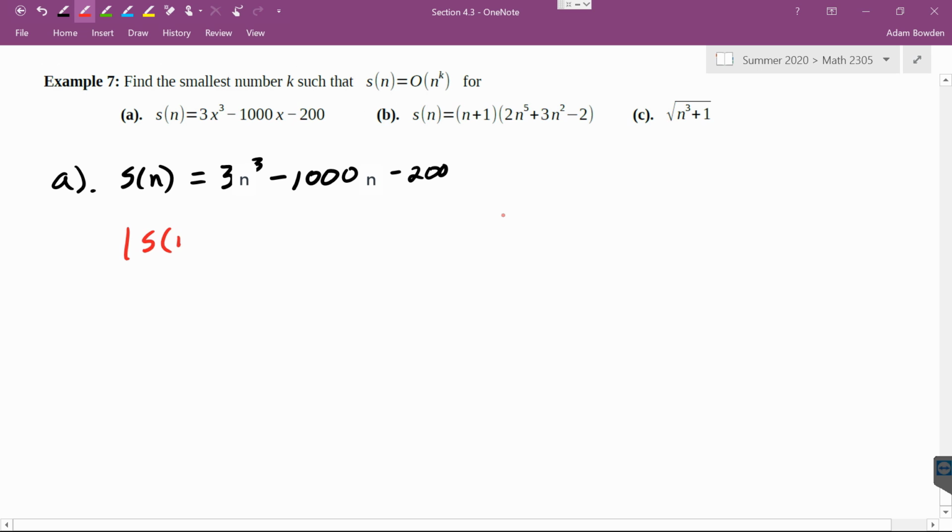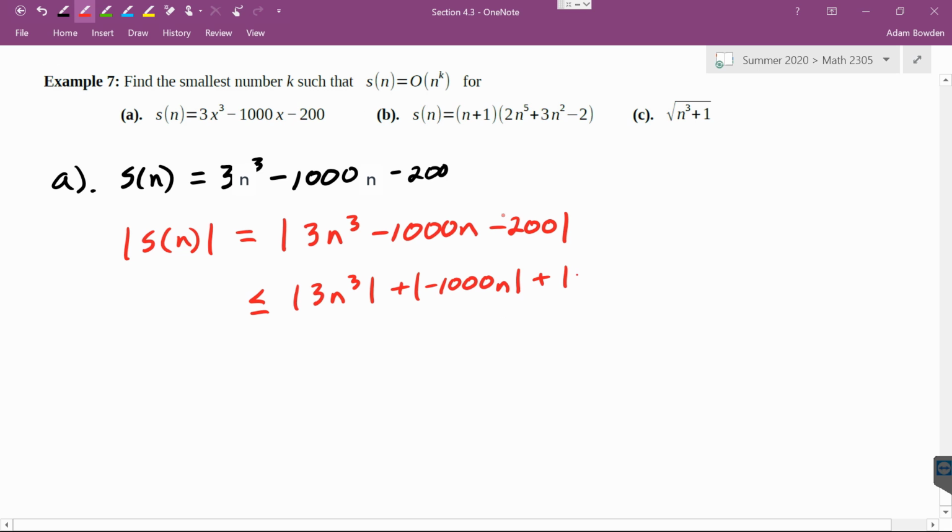So the absolute value of s of n is equal to the absolute value of 3n cubed minus 1000n minus 200. And that's going to be less than or equal to the absolute value of each of those, which is equal to 3n cubed plus 1000n plus 200.